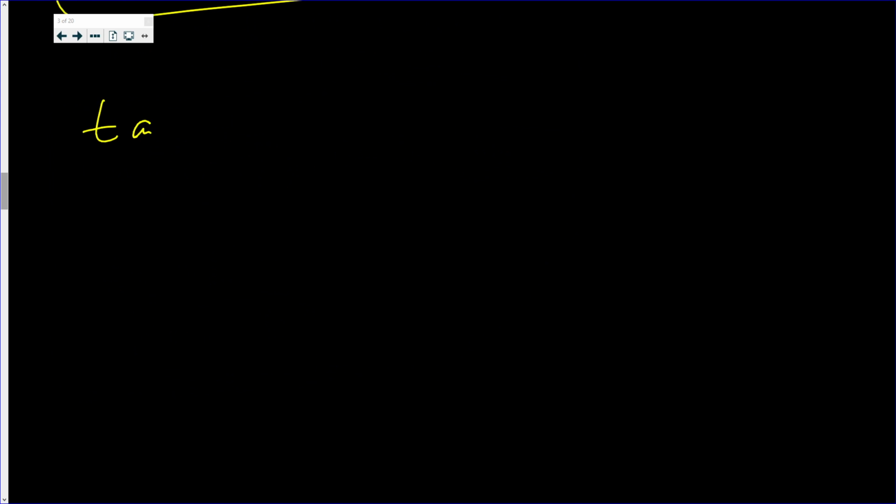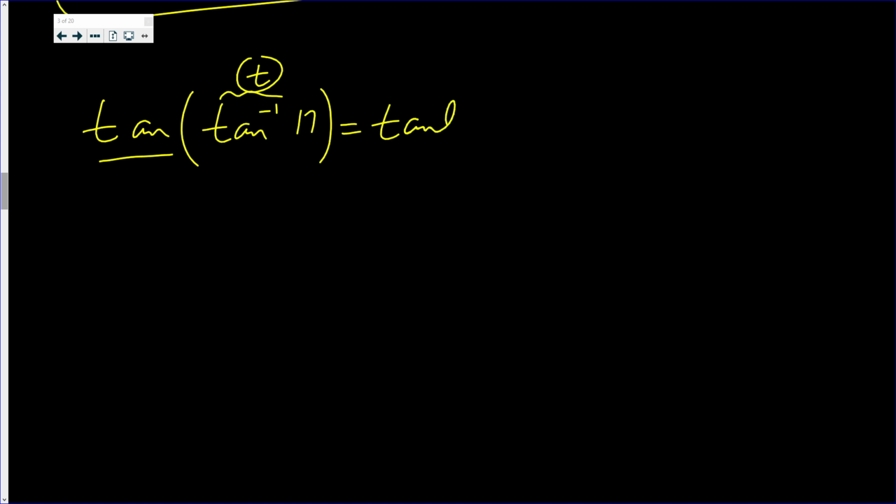What is the tangent of the tan inverse of 17? Well, that's an angle, and we want the tangent of that angle. Just going by definitions, with the tan inverse of 17 equaling t, I can interchange those, and I get that the tangent of t is 17.